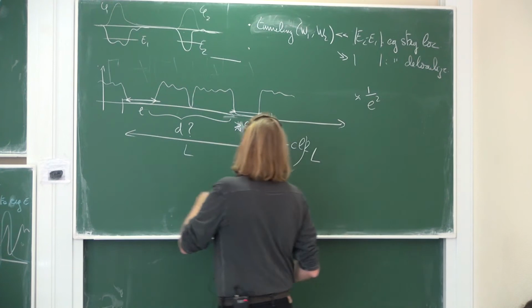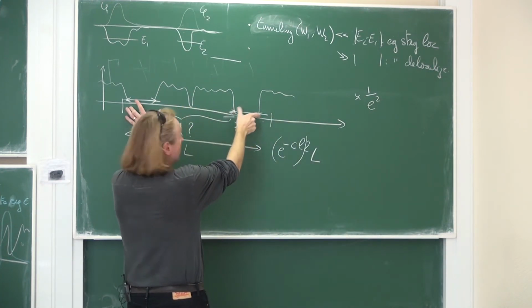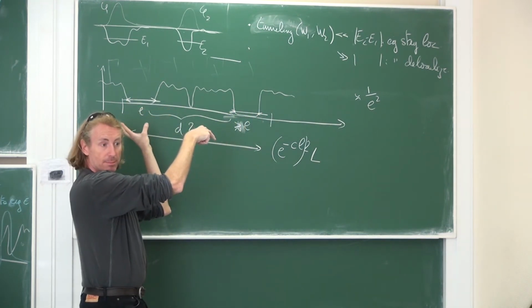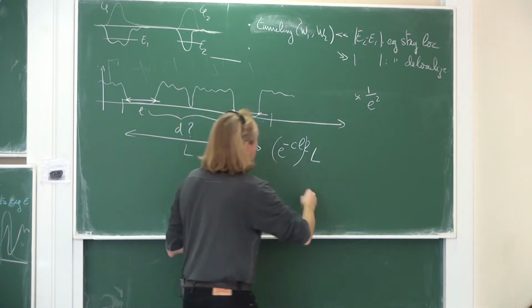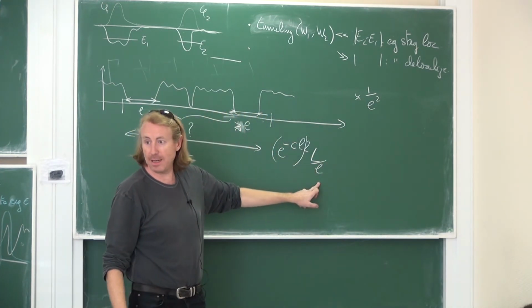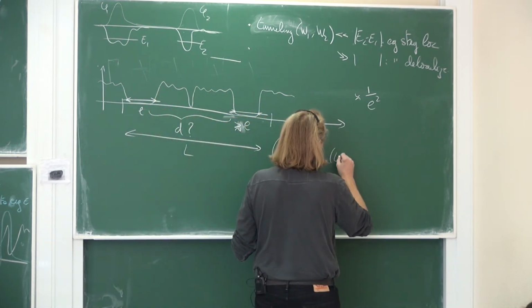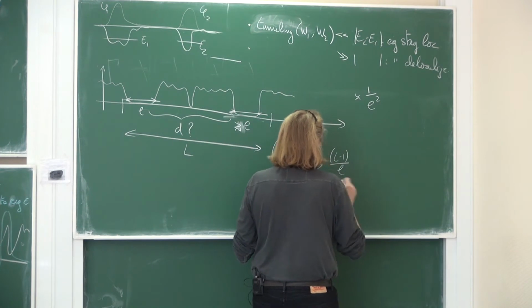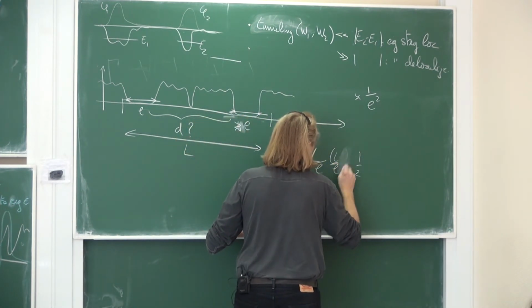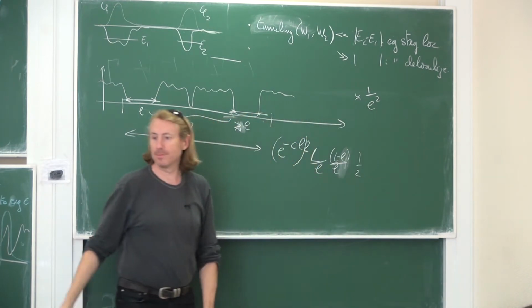If you want to really have the configuration like this in blocks, you can take all the pairs of blocks that can be built. You have large L over little l blocks, and you want pairs, so the number of possibilities is roughly this divided by 2: L over l, times L over l minus 1, over 2.